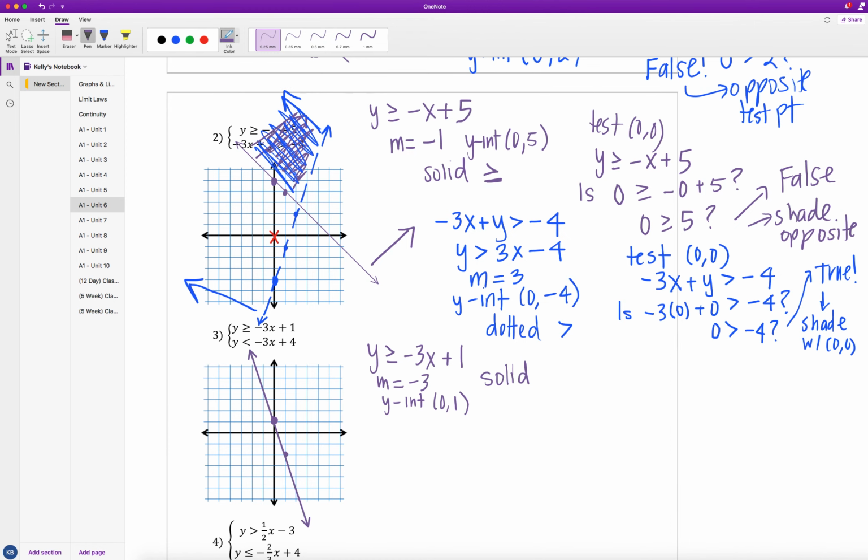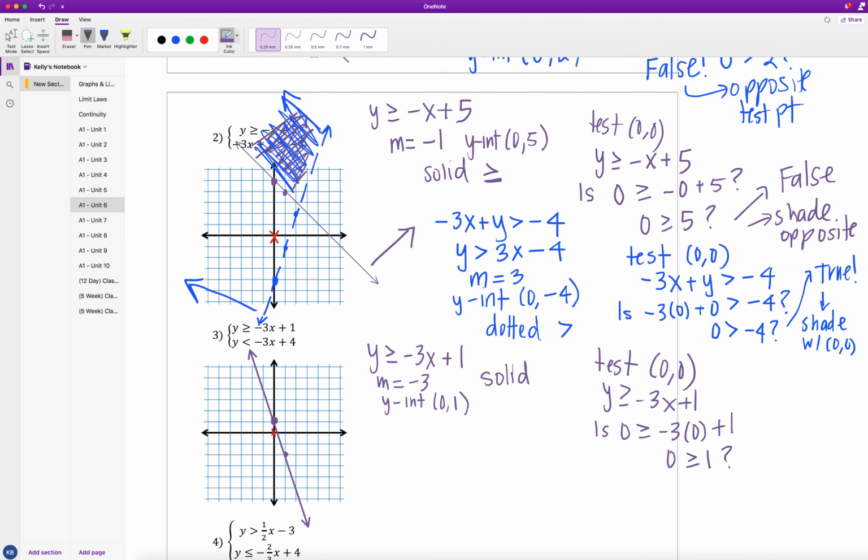I have to figure out which way it's going to shade. So I need to test a point. Can I test 0, 0? So I can actually still test 0, 0 because although it gets kind of close to it, 0, 0 is right there and it does not actually go through 0, 0. So if I test 0, 0, we're subbing it in to the original and we're saying, is 0 bigger than or equal to -3 times 0 plus 1?